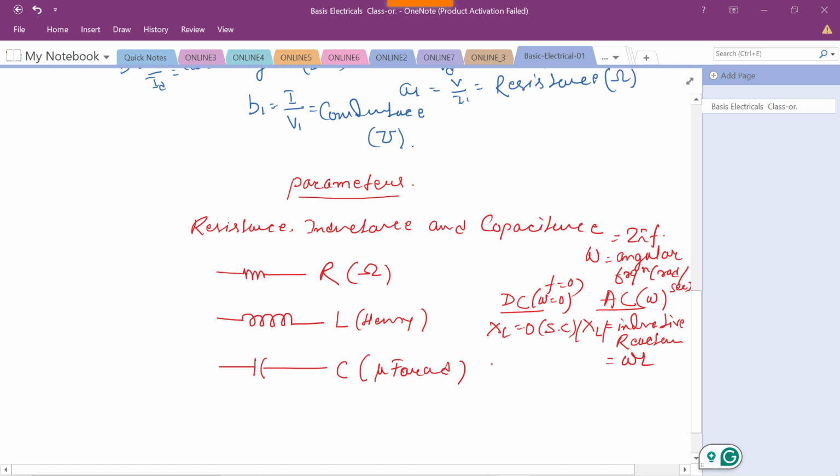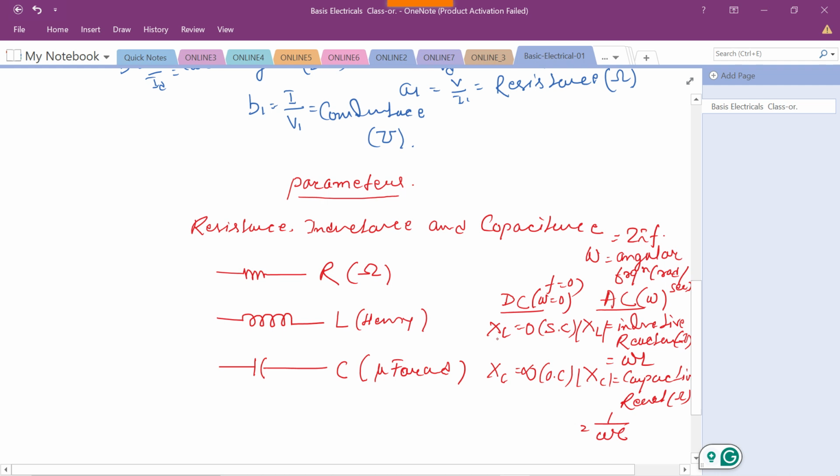Then here is XC. XC is equal to the capacitive reactance, and the value of XC is equal to 1 by omega C. Then omega is 0 in the DC case, so XC is equal to infinity and it behaves like an open circuit.